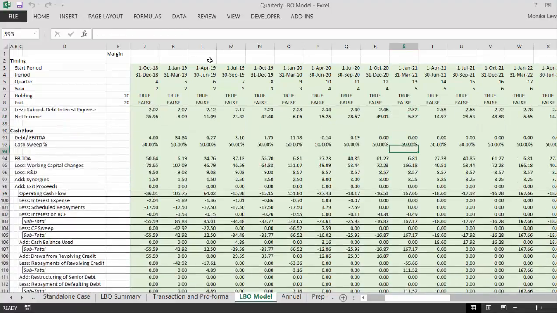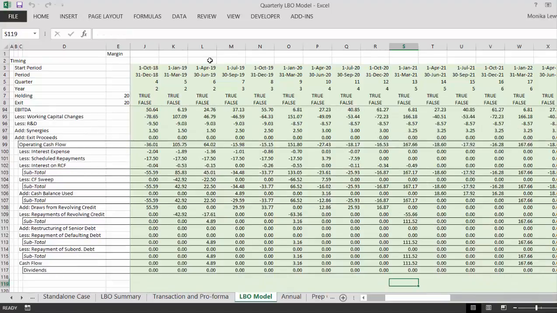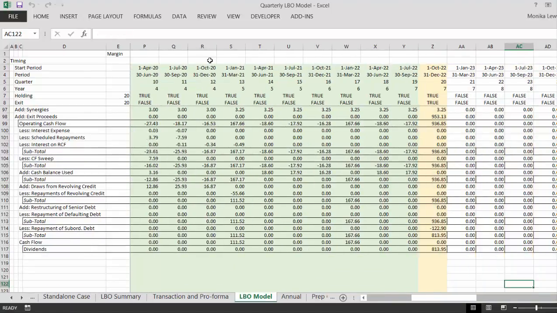Okay, so if we do this now, let's go to our cash flow analysis. And the only problem here is, did I ever use the cash? If we have a cash balance here at the end, so we had enough cash to pay off all of our subordinated debt in this scenario, and we had some cash left over.